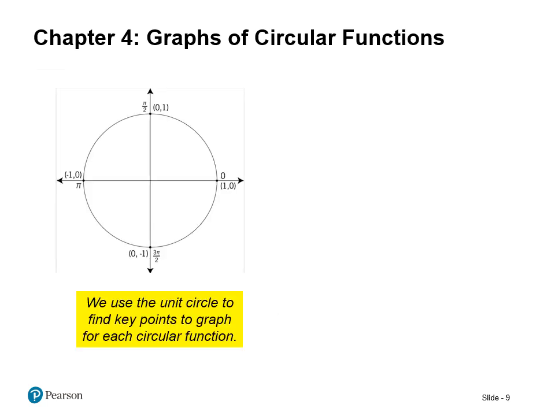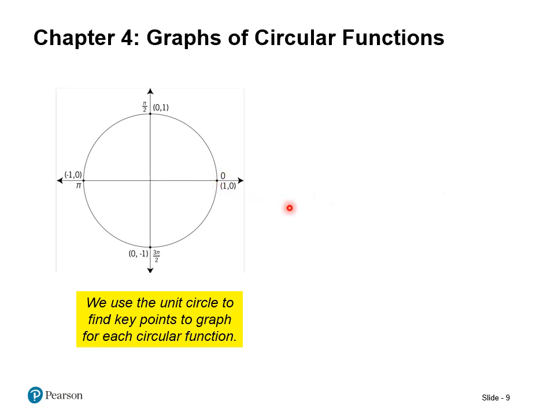Now, to find those key values, the key points, the x and the y, we're going to use the unit circle. Okay. So again, when we're thinking about the graph, what we're doing is we're stretching out the unit circle. Instead of making it into a circle, we're making it x values.